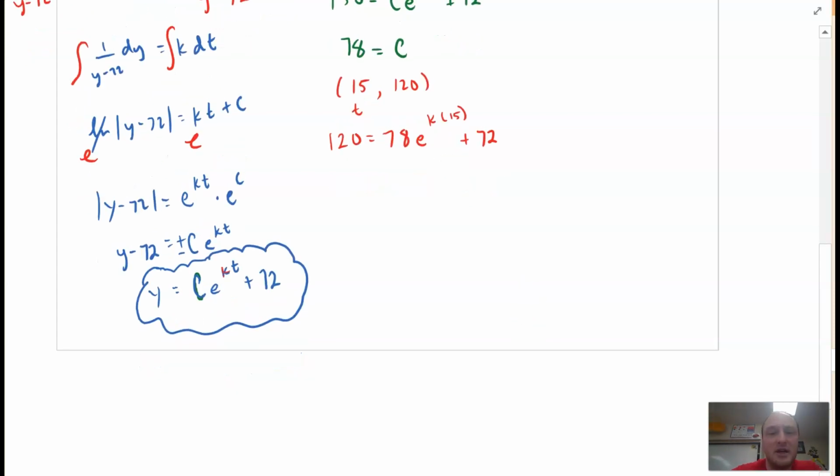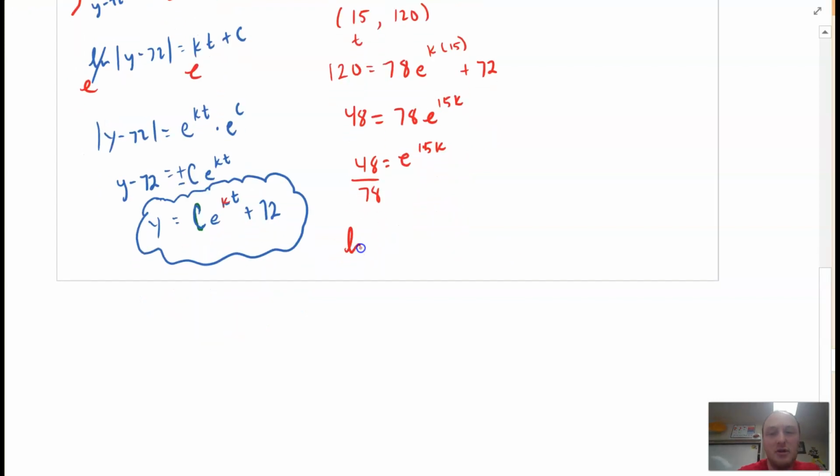So again, kind of the same process. We'll subtract 72 on each side, so we get 48 is equal to 78 e to the power of 15k. We'll divide by 78 on each side. And then we'll get rid of the e by taking the natural log of each side. That gives us 15k, and then we'll solve for k by dividing by 15 on each side.